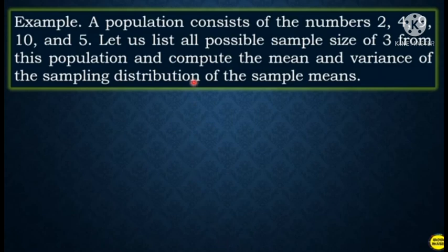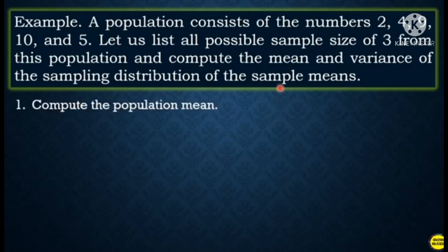Kaya nire-request ko sa inyo na panoorin nyo muna yon para masundan nyo yung video lesson na to. A population consists of the numbers 2, 4, 9, 10, and 5. Let us list all the possible samples of size 3 from this population and compute the mean and variance of the sampling distribution of the sample means.